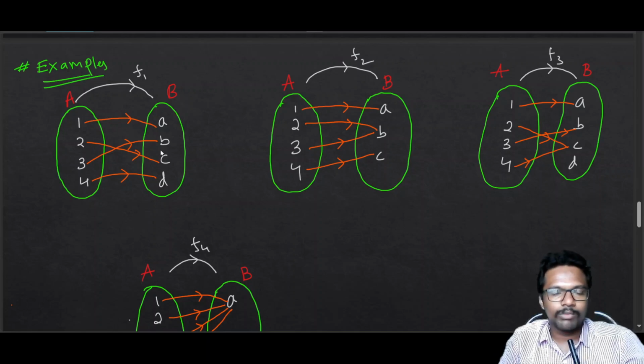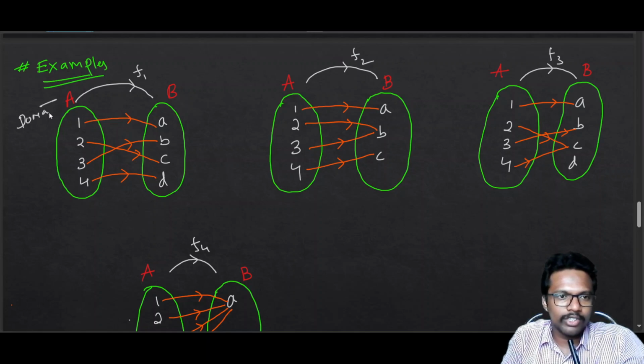Okay, so let's move with the example now. Let's consider the first example, f1. Here A is the domain and B is the codomain. A has 4 elements and B I have considered with 4 elements.